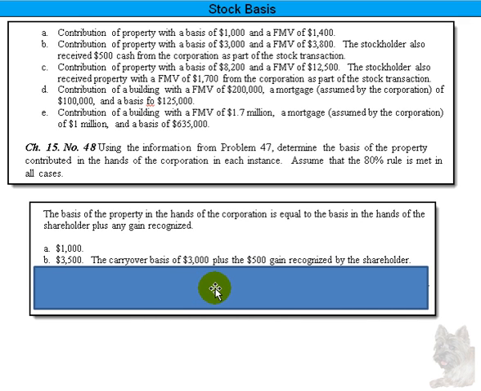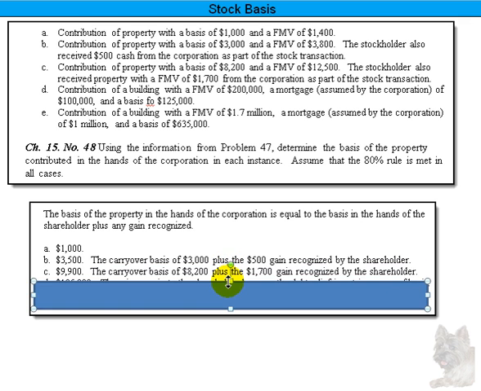All right, now in Part C, we had $8,200 of contributed property, right? A basis of $8,200, fair market value of $12,500, and the stockholder received property with a fair market value of $1,700 in exchange for what he contributed.